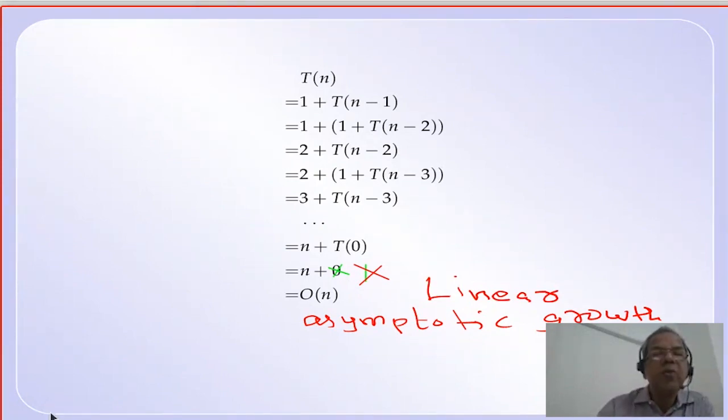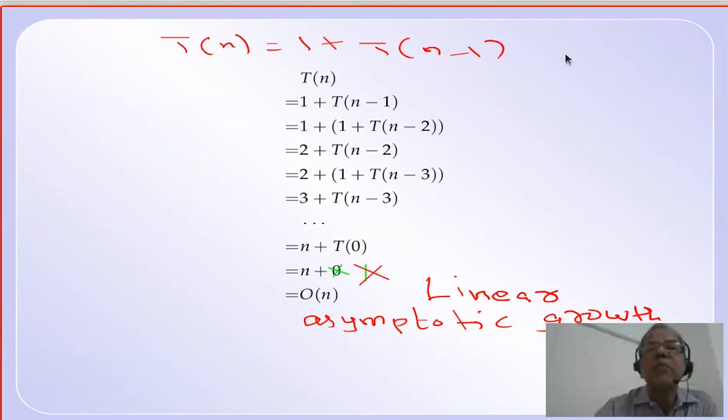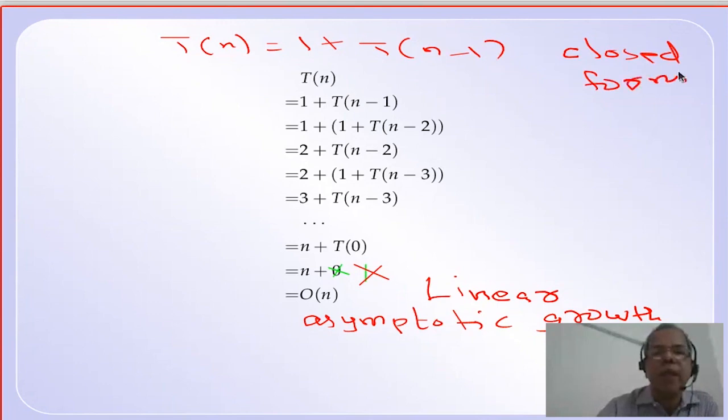So we started with T of n is equal to 1 plus T of n minus 1. This is a closed form. And we finally obtained T of n is equal to big O of n.